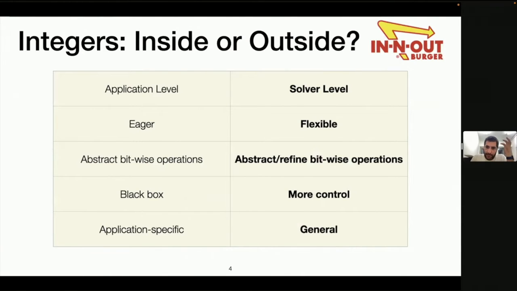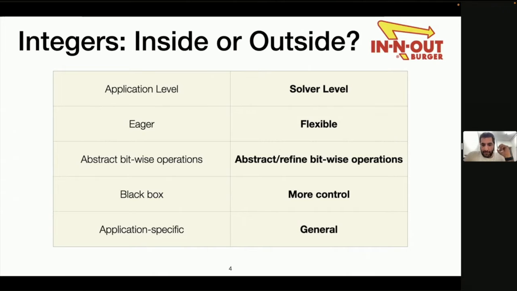So translating bit vectors to integers is something that is already done in several applications. Many times it's done in the application level. For example, if you have a formula verification tool, then before sending a query to the SMT solver, the query will get translated to integers. Typically, this is done eagerly. The entire query is translated.